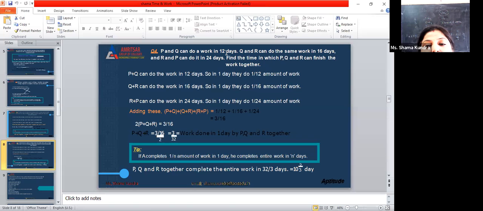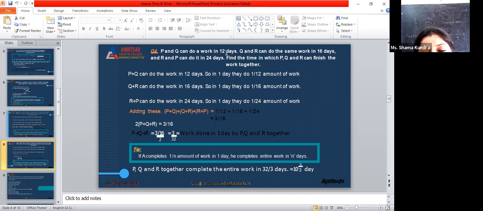Here we had 2 times P, Q, and R because see the alphabets over here are double: P, P, Q, Q, R, R. P plus Q plus R is work done by P, Q, and R together in one day. That is 3 by 32. If in one day P, Q, and R while working together complete 3 by 32 amount of work, in how many days entire work would be done?